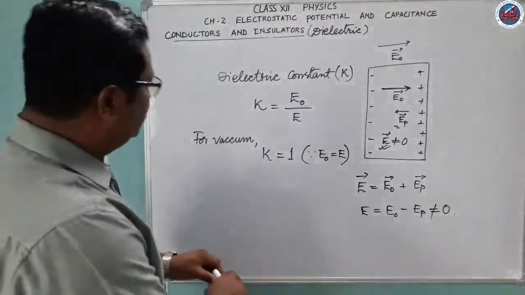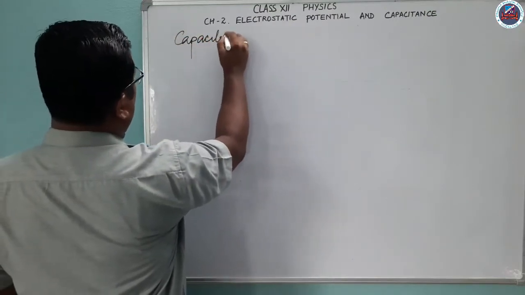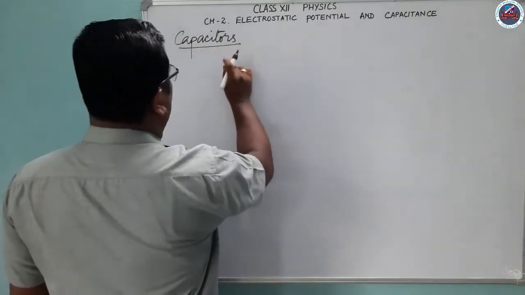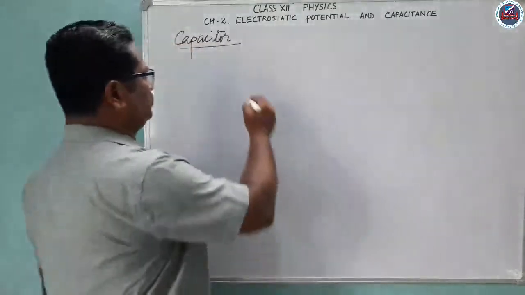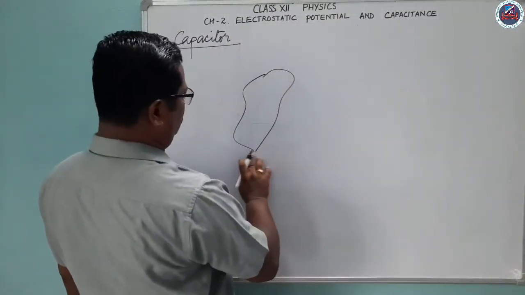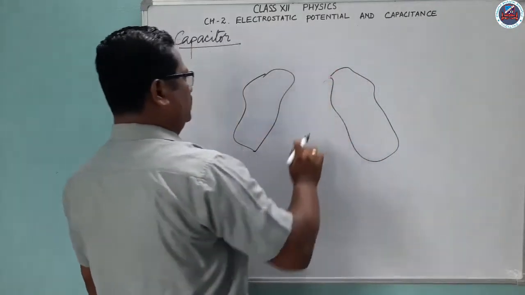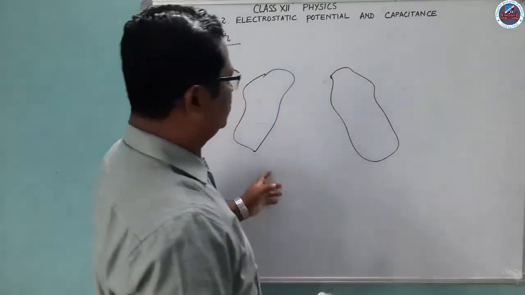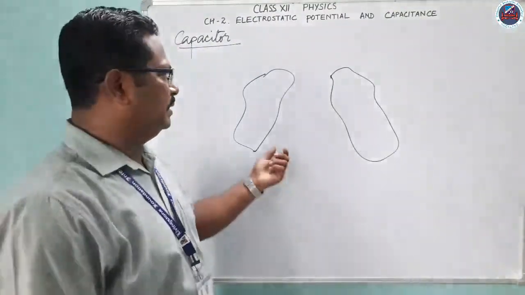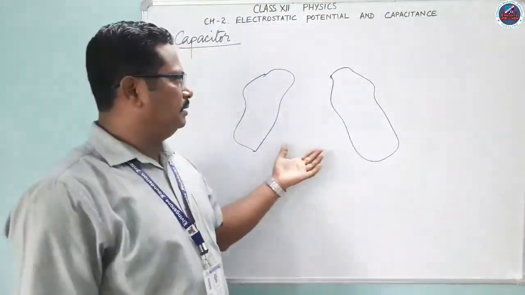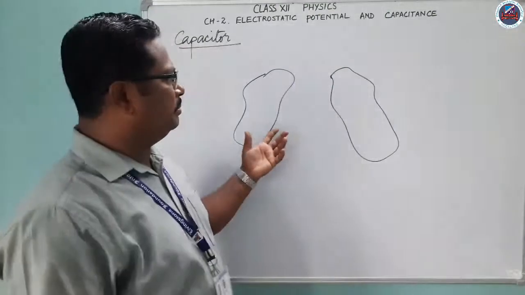Now the next topic that we are going to discuss is capacitors. A capacitor is a system of two conductors. Suppose this is one conducting plate and the other one like this: two conducting plates separated by a small distance, with an insulating medium in between.